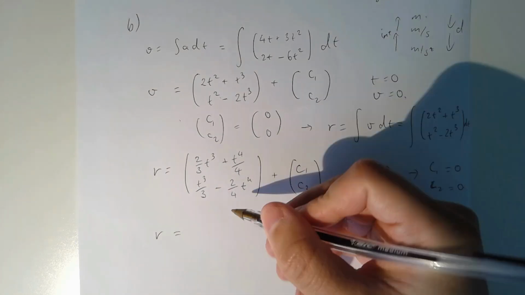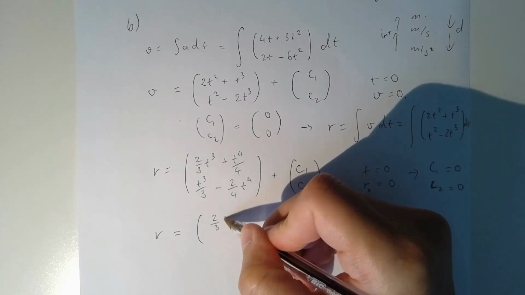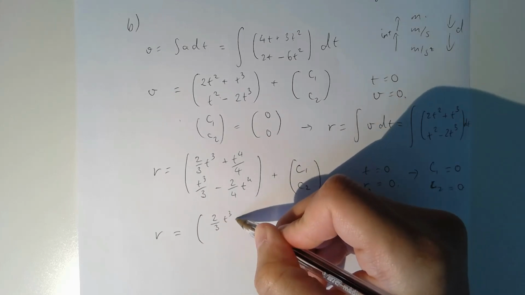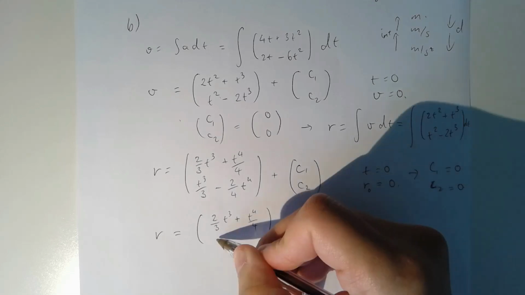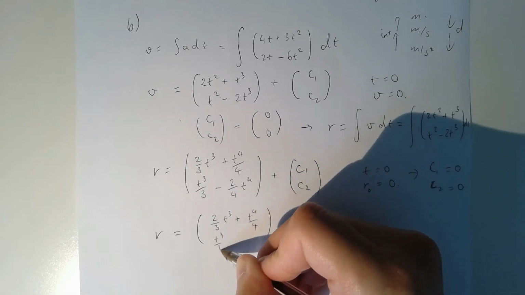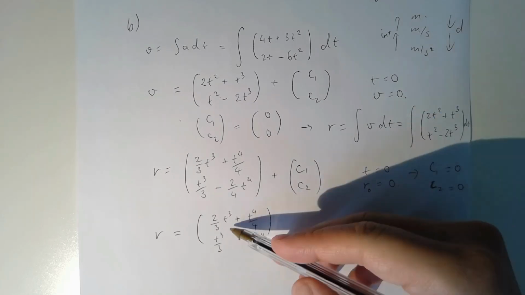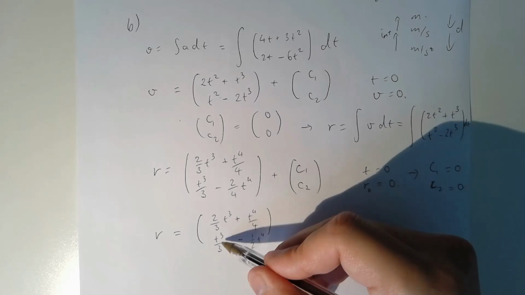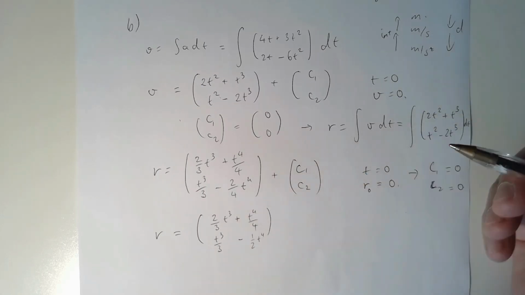So r equals, you can write it this way, 2 over 3 t cubed plus t to the power 4 over 4, and the second component, t cubed over 3 minus 1 over 2 t to the power 4. You can leave the answer like this, fine. You still get full marks.